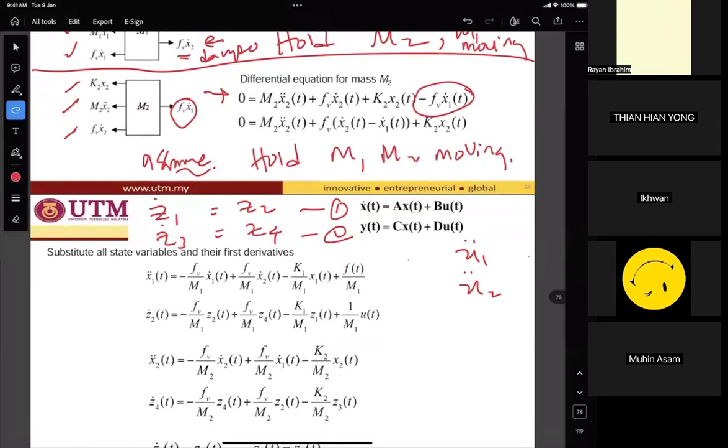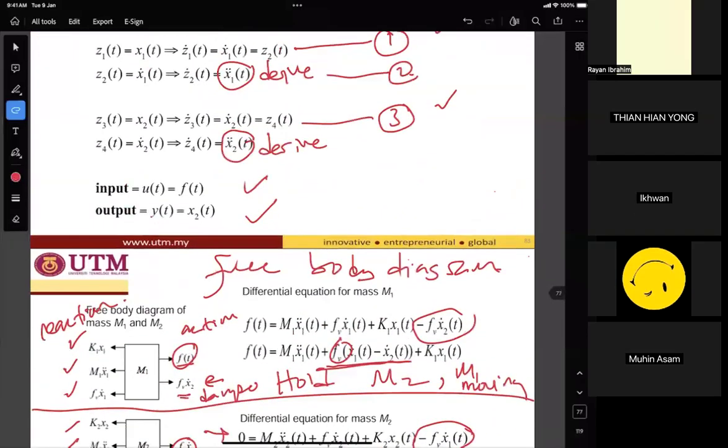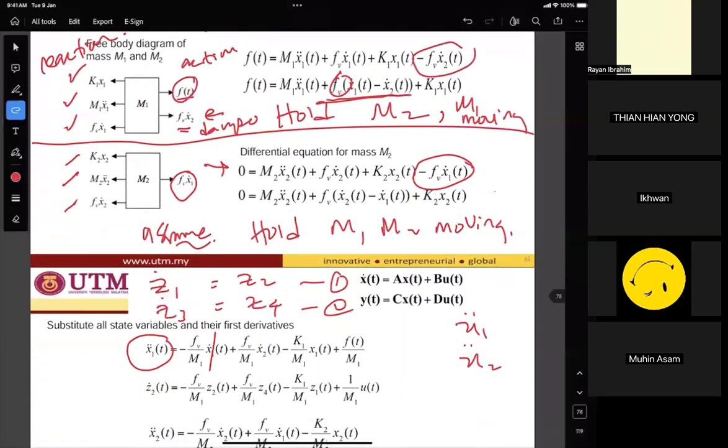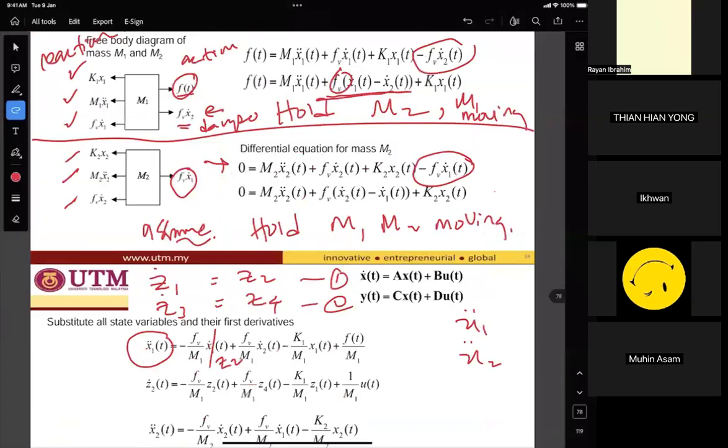So we make x1 dot the formula title. Then we move everything associated with x1 dot to the right. So x1 dot is z2, x2 dot is z4, and x1 and the input.